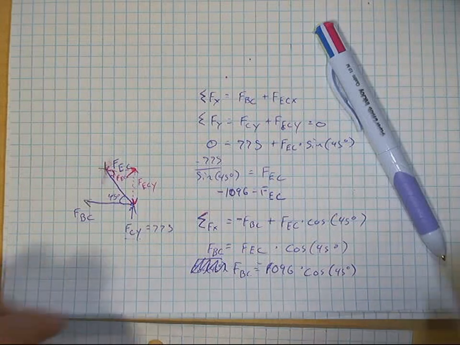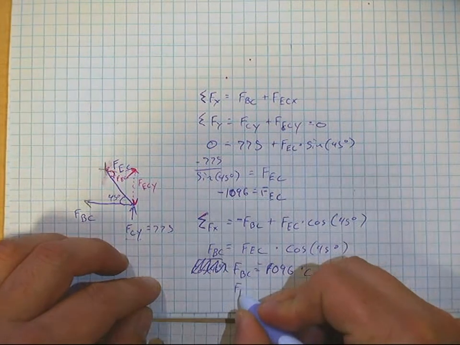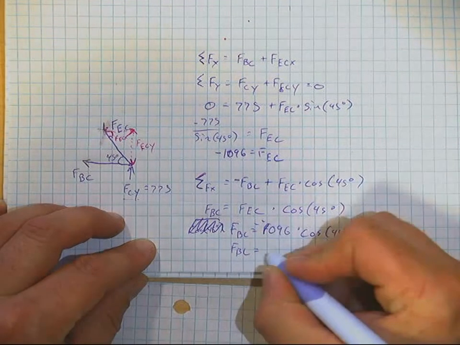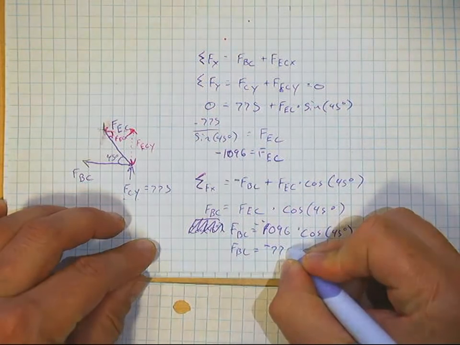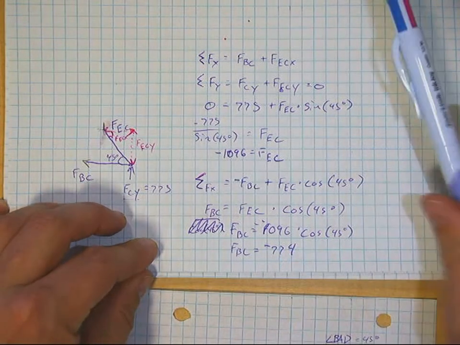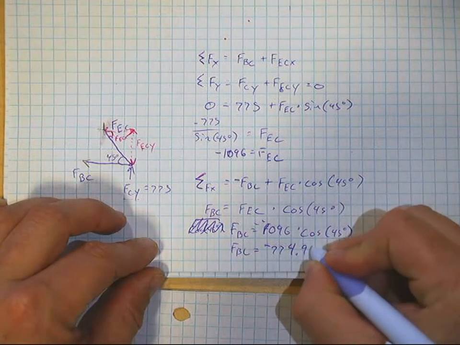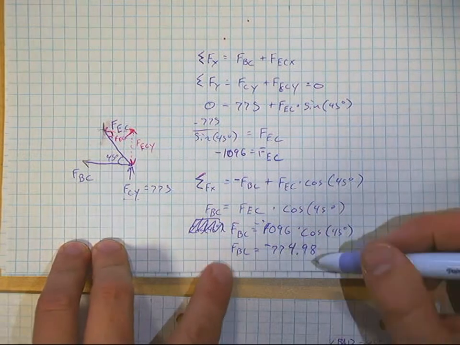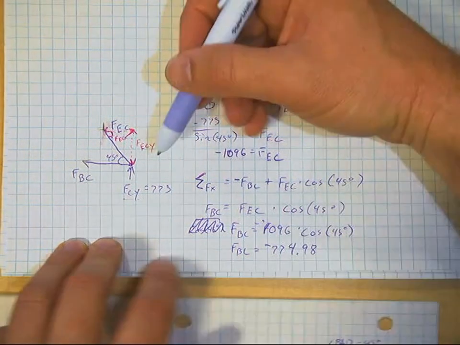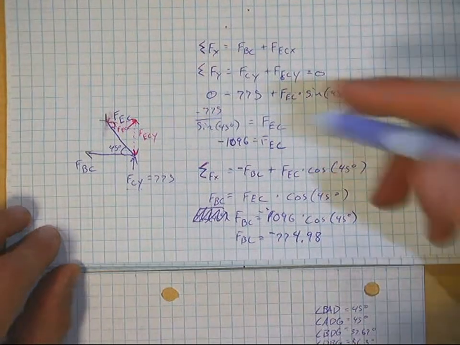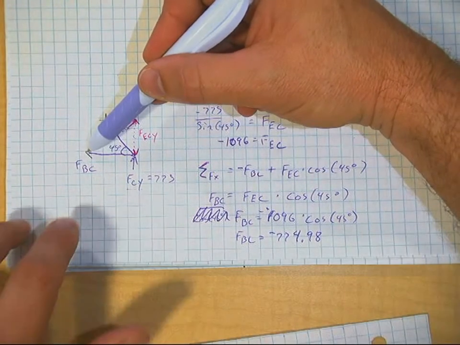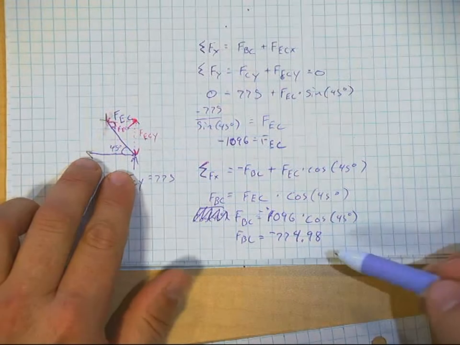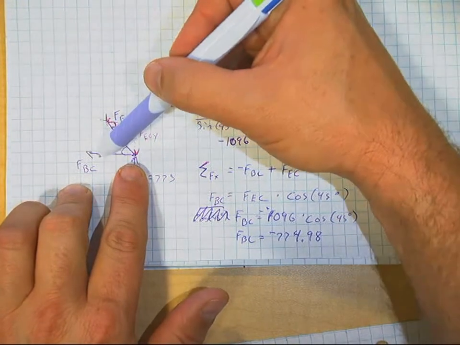Okay, and so we get 774.98. Now, the thing here is that because it's negative, it's pointing to the left, so we would know that this is in tension.